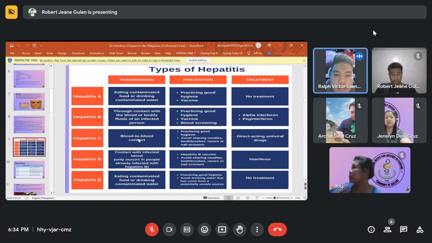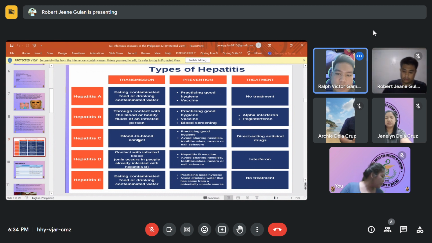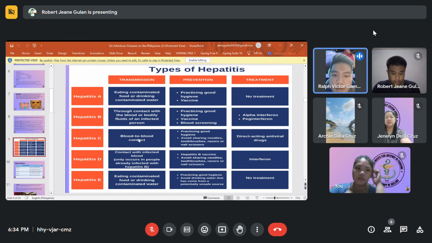Hepatitis D. The transmission is contact with infected blood, and it only occurs in people already infected with hepatitis B. The prevention is hepatitis B vaccines and avoiding sharing needles, toothbrushes, razors, and nail scissors. The treatment is interferon.